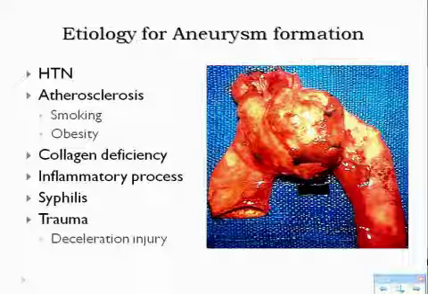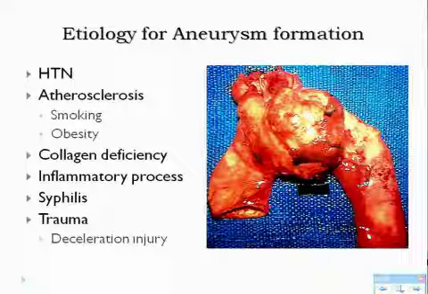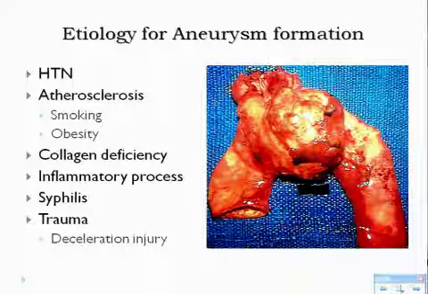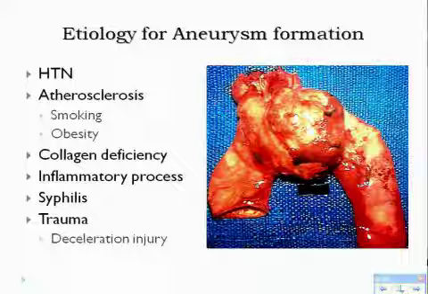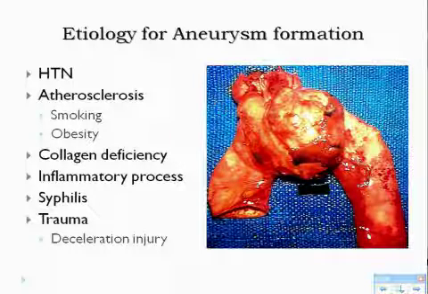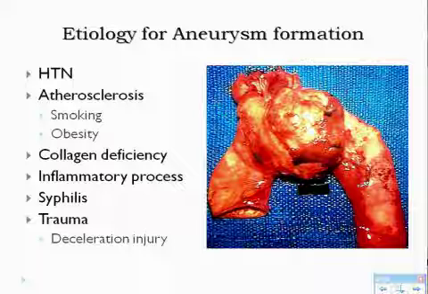And you can have an inflammatory process, which we think a lot of aneurysms are formed secondary to. That's a new concept that's coming out, that inflammation is becoming a very important way of trying to eliminate these aneurysm formations.